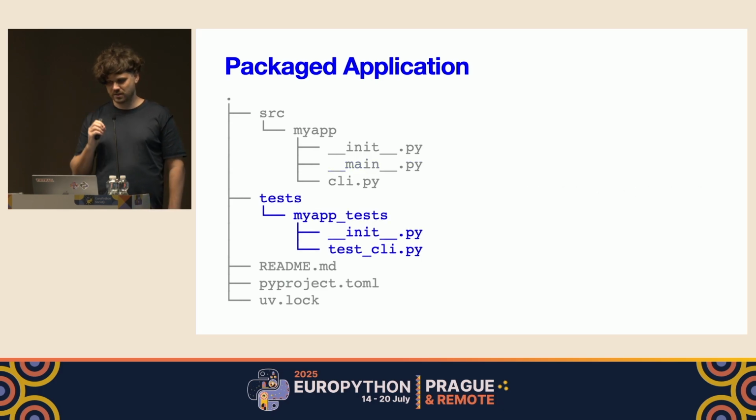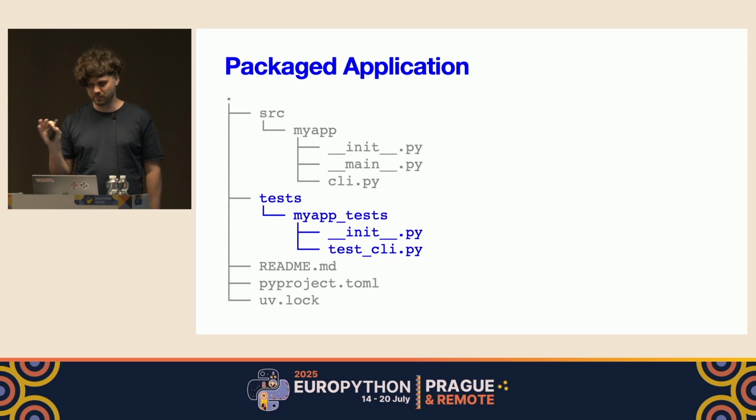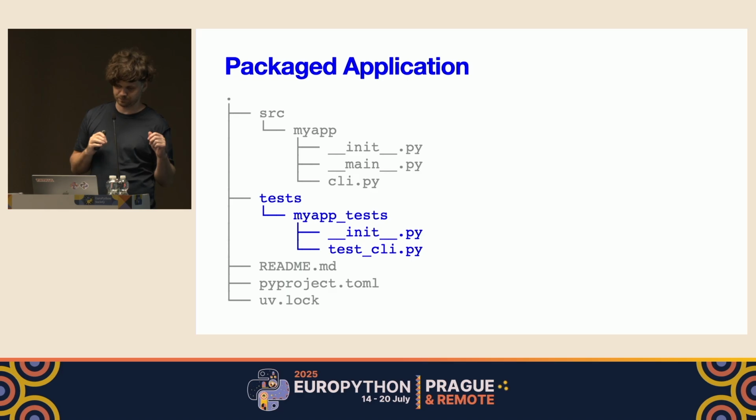When it comes to tests, my recommendation is slightly different than you will find in most templates, I believe. We have the tests directory, but I didn't put the dunder init file there. Instead, there is a test package. One reason for this is that I like the symmetry between source and tests, but that's not the main one.